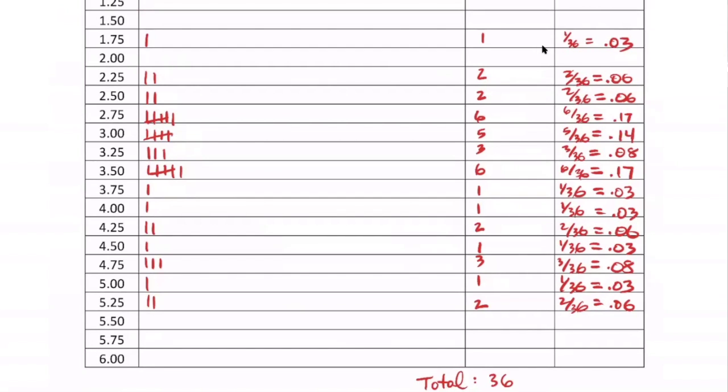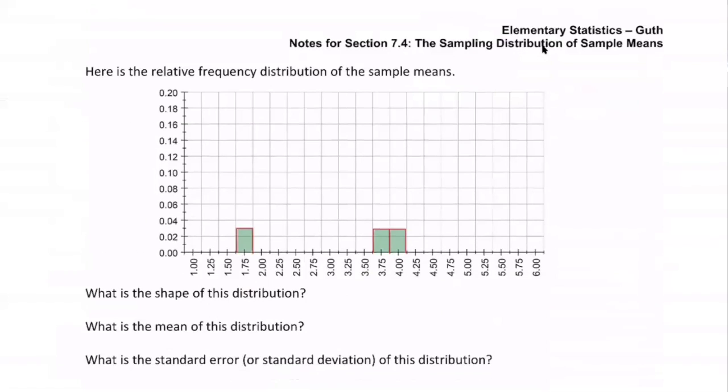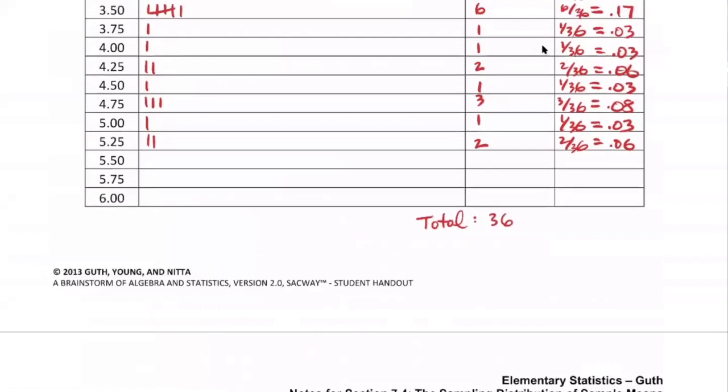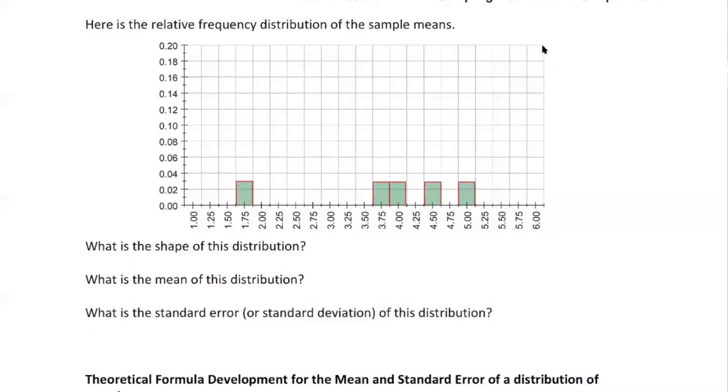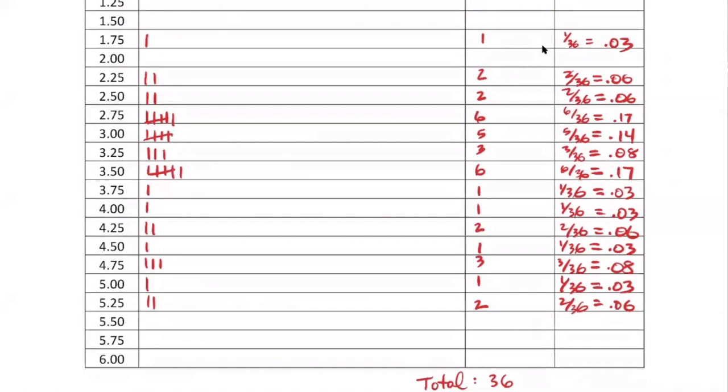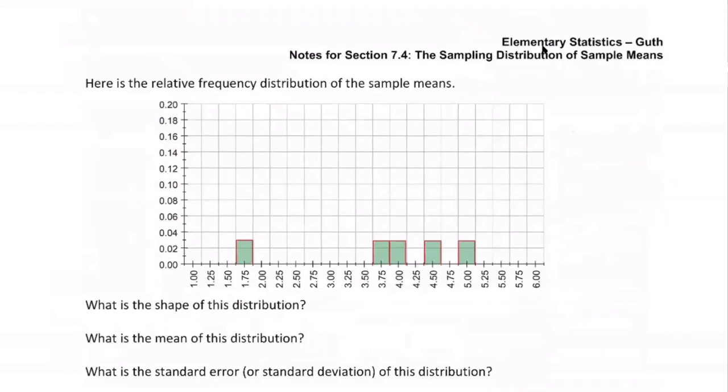There was a 4.5 and a 5. And then the 2s out of 36 come next. And the first one goes with 2.25. 2 to 36 better be 0.06.